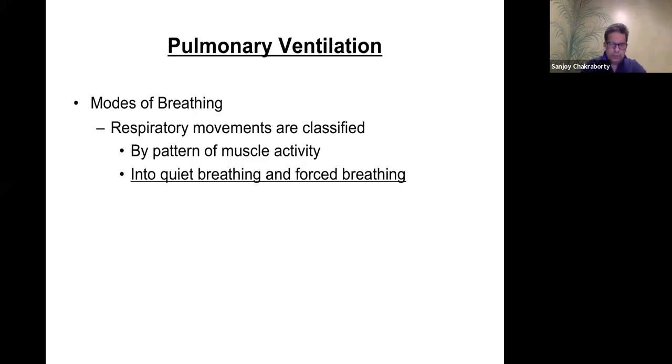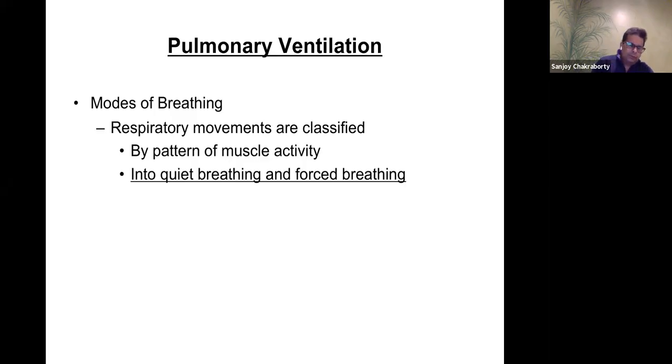Now, the first thing we have to understand is why air moves. The air moves based on the pressure difference. Wherever the air pressure is high, it is going to move to wherever the air pressure is low.